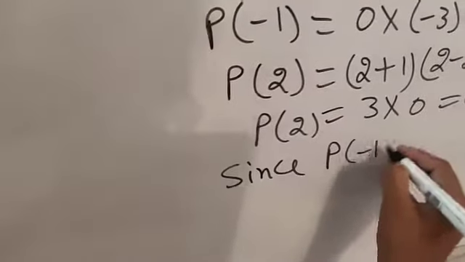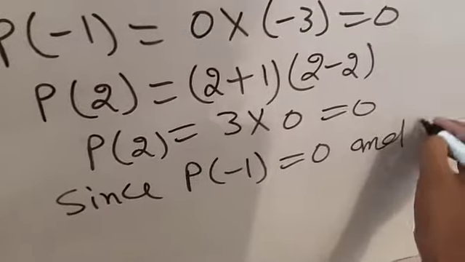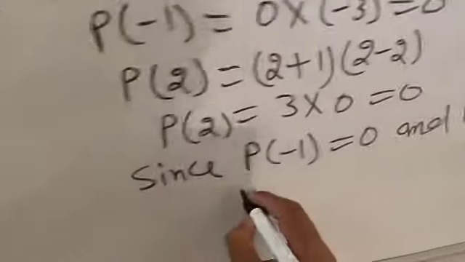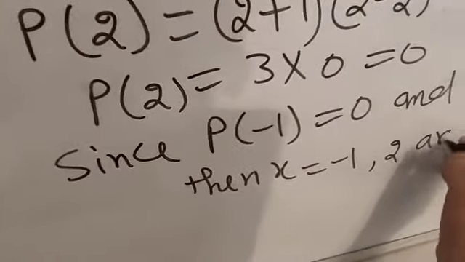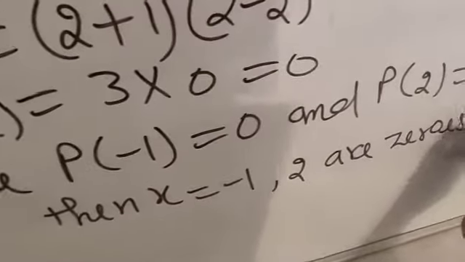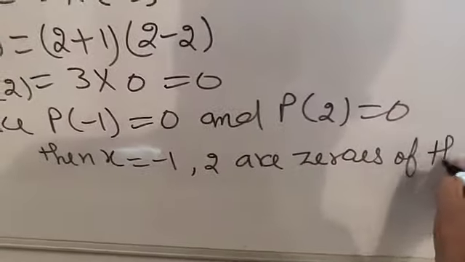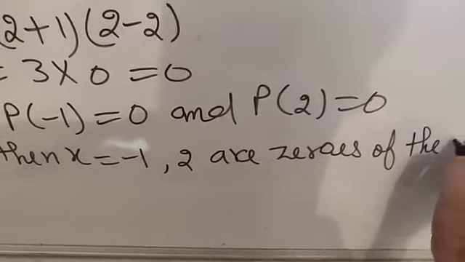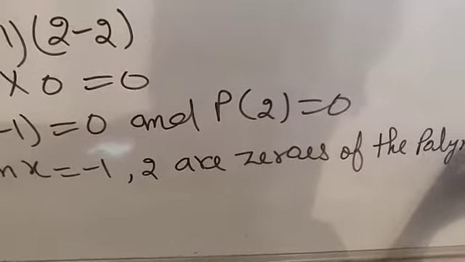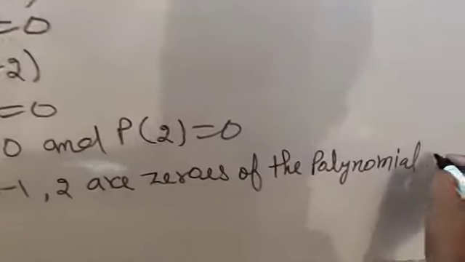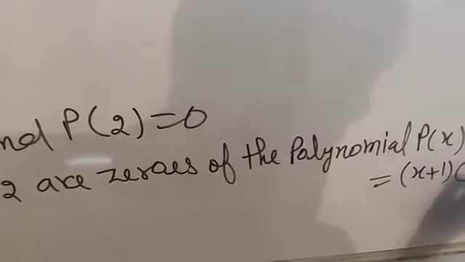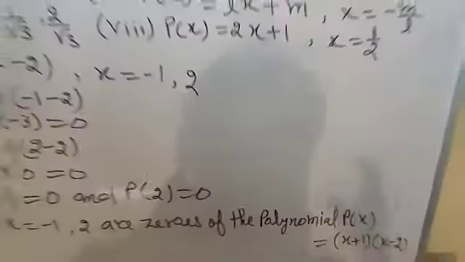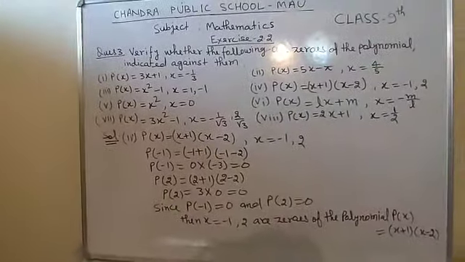So here you can write, since p minus 1 equal to 0 and p2 equal to 0, then x equal to minus 1, 2 are zeros of the polynomial px equal to x plus 1 into x minus 2. So here it is the complete solution.